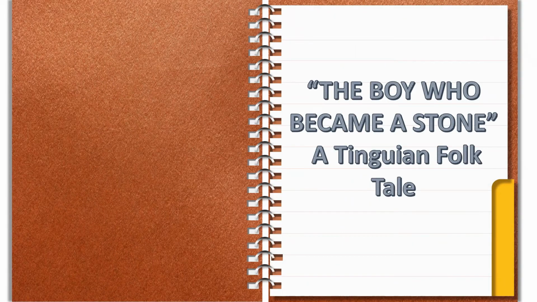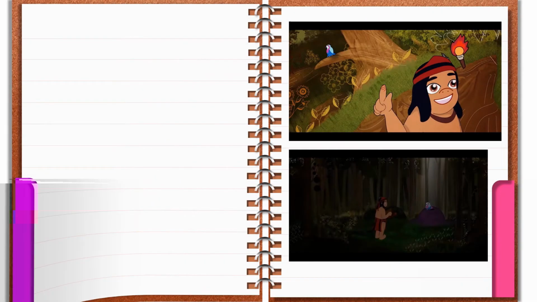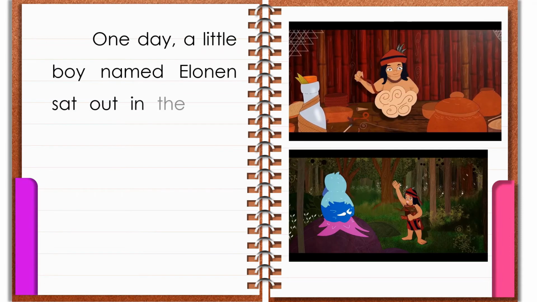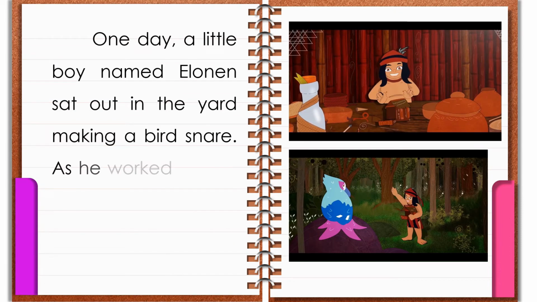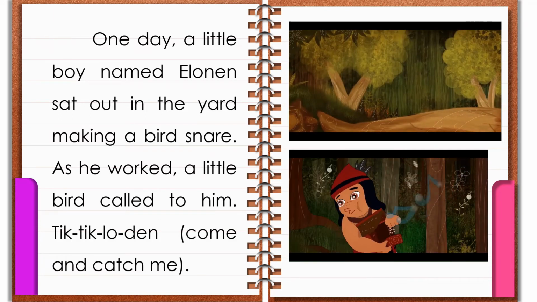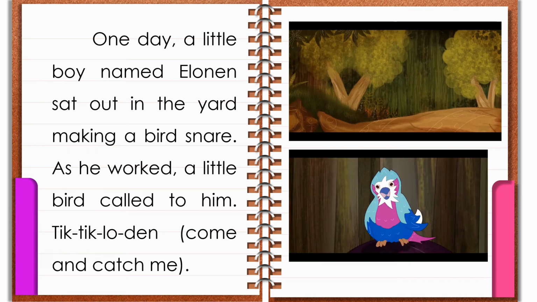The Boy Who Became a Stone, a Chaldean Folktale. One day, a little boy named Alonin set out in the yard making a bird snare. As he worked, a little bird called to him, "Tick, tick, Alonin, come and catch me."